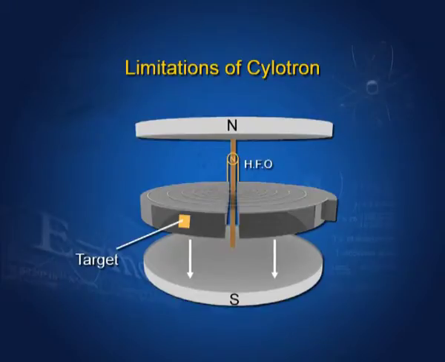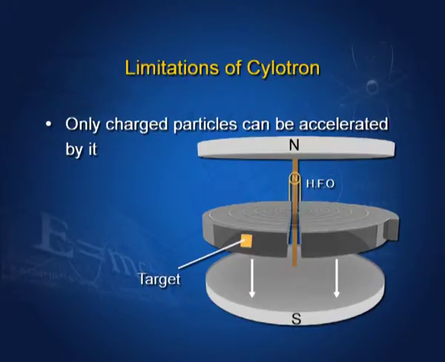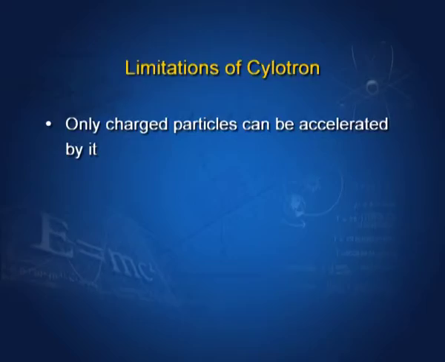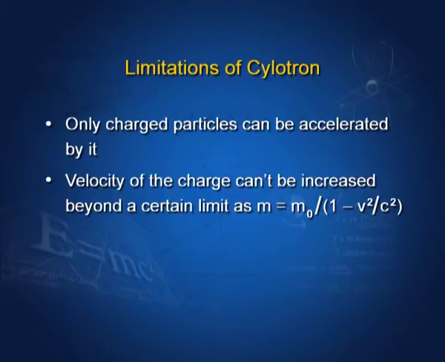Limitations of the cyclotron. There are certain limitations of this cyclotron. Number 1: only charged particles can be accelerated by it, because if the particle is neutral, then it will experience neither electric force nor magnetic force. Hence, we cannot increase its velocity in the cyclotron. Second limitation: the velocity of the charge cannot be increased beyond a certain limit.